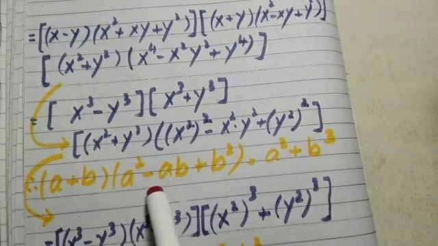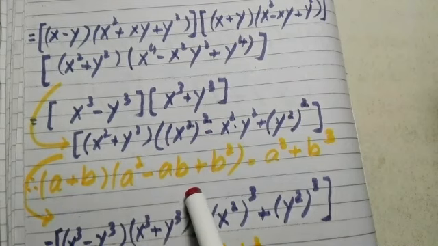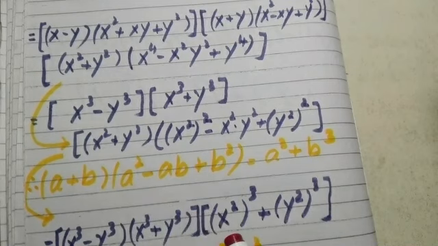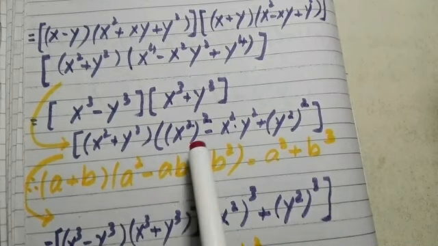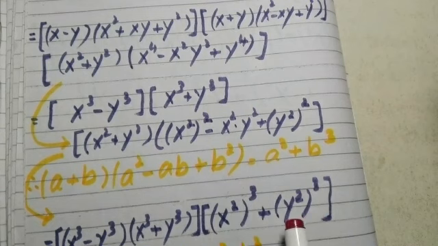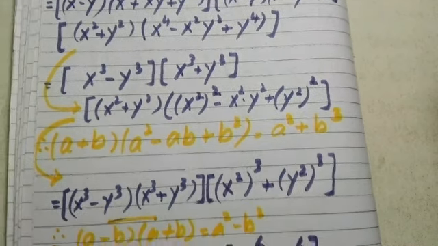I have just written below the formula, this is the left hand side of the formula. Once it has been arranged, I will directly write it with x² taken as a and y² taken as b. So it will give me (x²)³ + (y²)³. This is a according to the formula, this is b according to the formula.